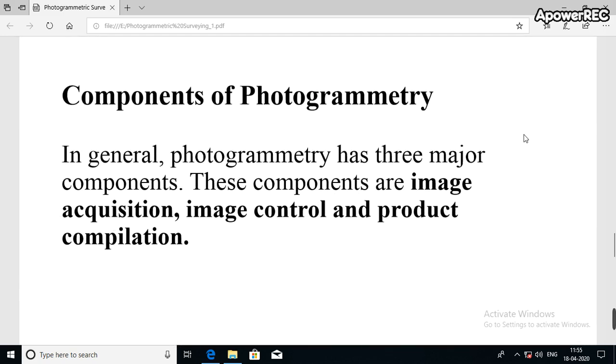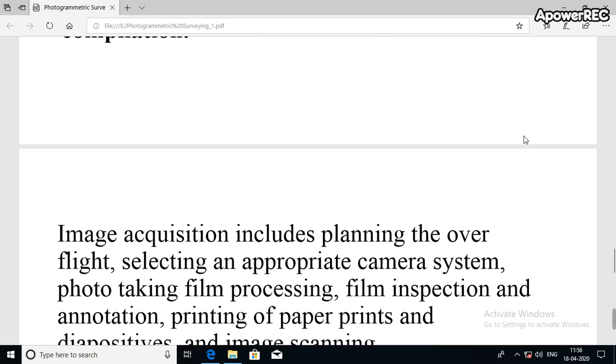There are basically three components or three steps in a photogrammetric survey. Number one is image acquisition, second is image control, and third is product compilation.